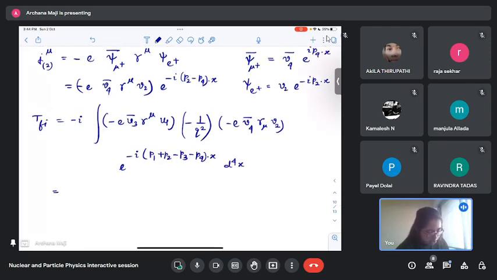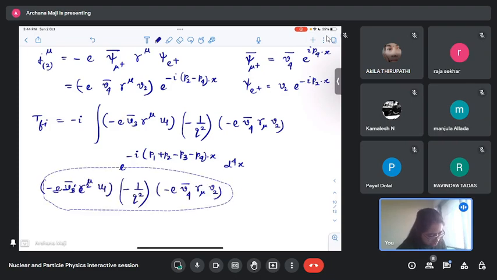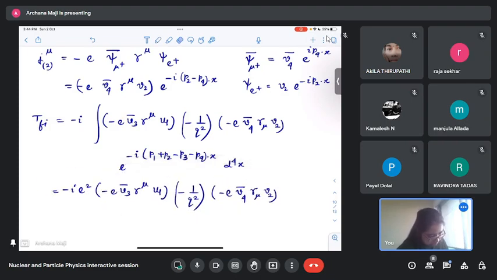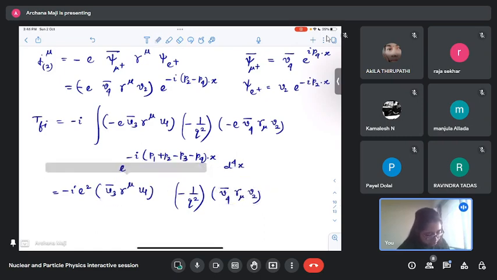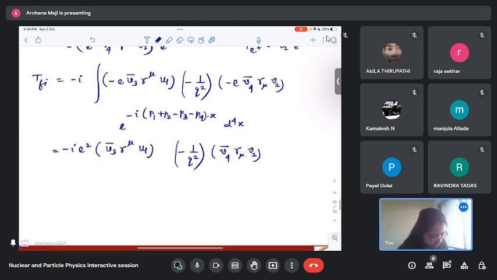But these things are independent of x. I can pull it out of the integration sign. This is equal to minus i. This minus e times minus e gives e squared, and then the remaining terms. The integration will now give us a delta function.